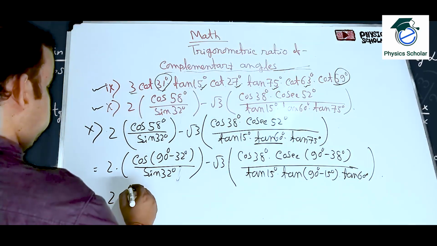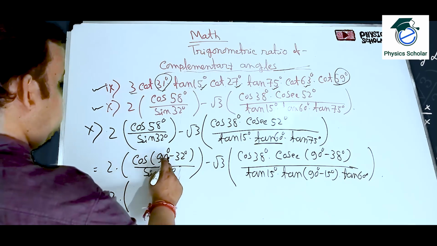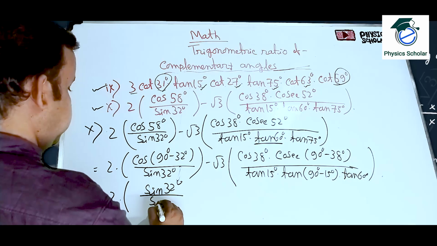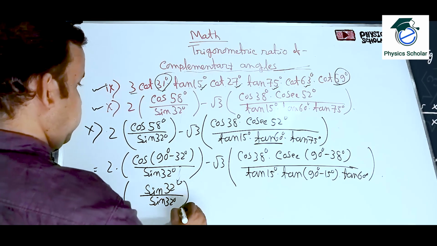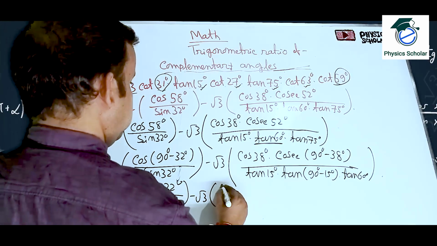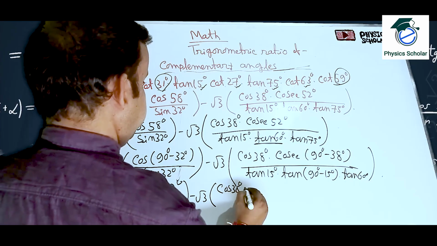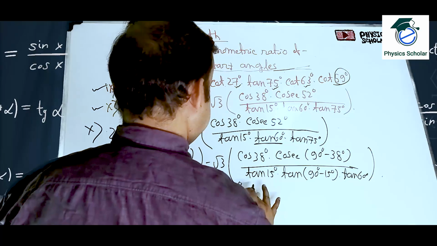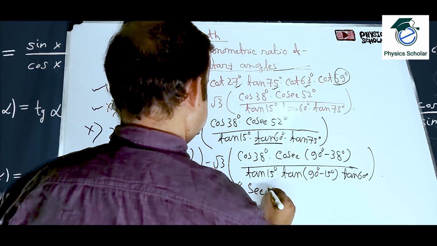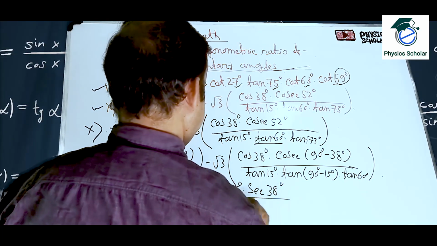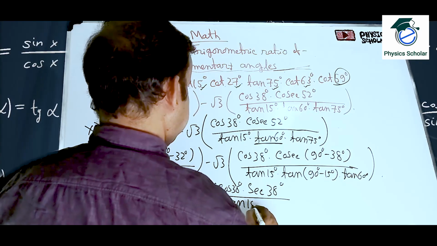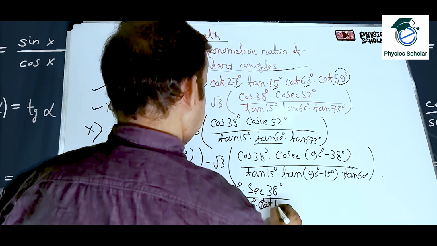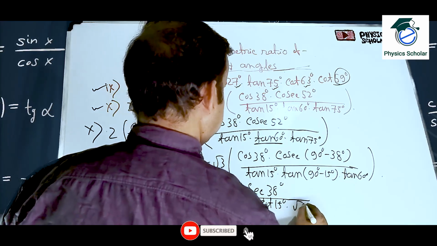So 2 into, cos(90 minus theta) means sin theta, sin 32 degrees divided by sin 32 degrees. Clear? Minus root 3 into cos 38 degrees into cosec(90 minus theta), which means sec theta, sec 38 degrees, divided by tan 15 degrees into tan(90 minus theta) means cot 15 degrees, into root 3.